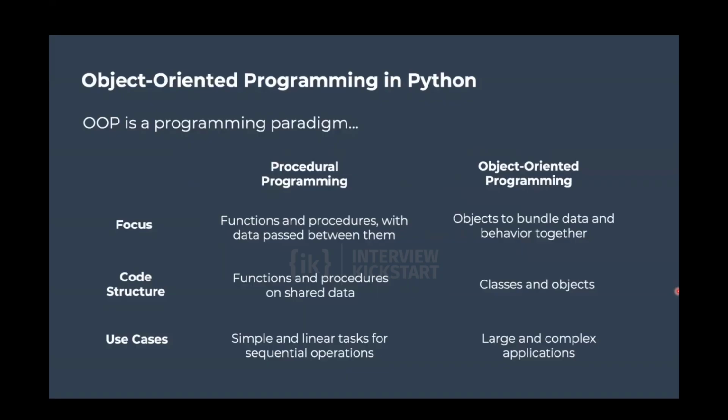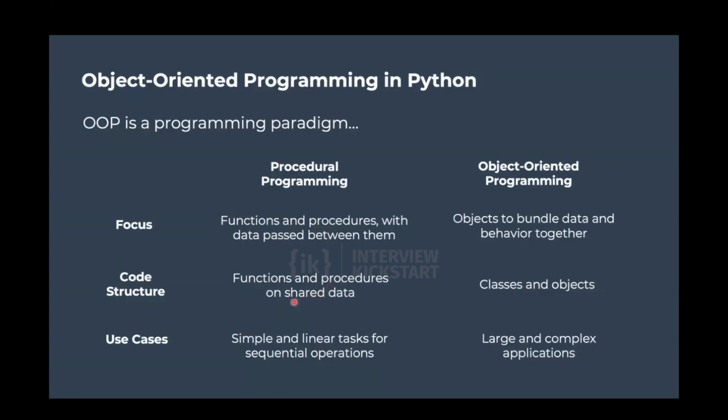Okay. So object-oriented programming, what it is overall. I want you to think about object-oriented programming as a programming paradigm. What I mean by that is, so far, what we have seen goes under the procedural programming paradigm, where the main focus is on writing functions, or your main code, or procedures where data is passed between them within your code, top to bottom, right?